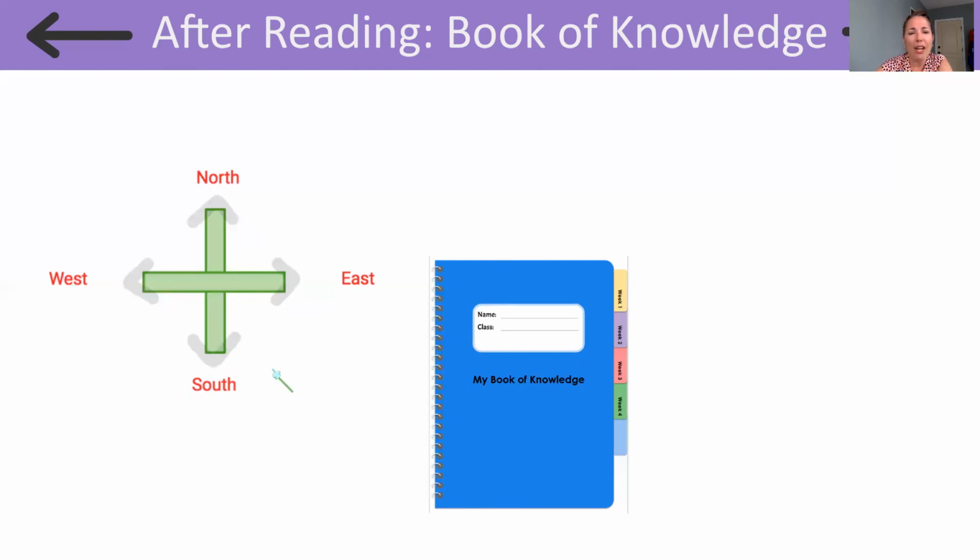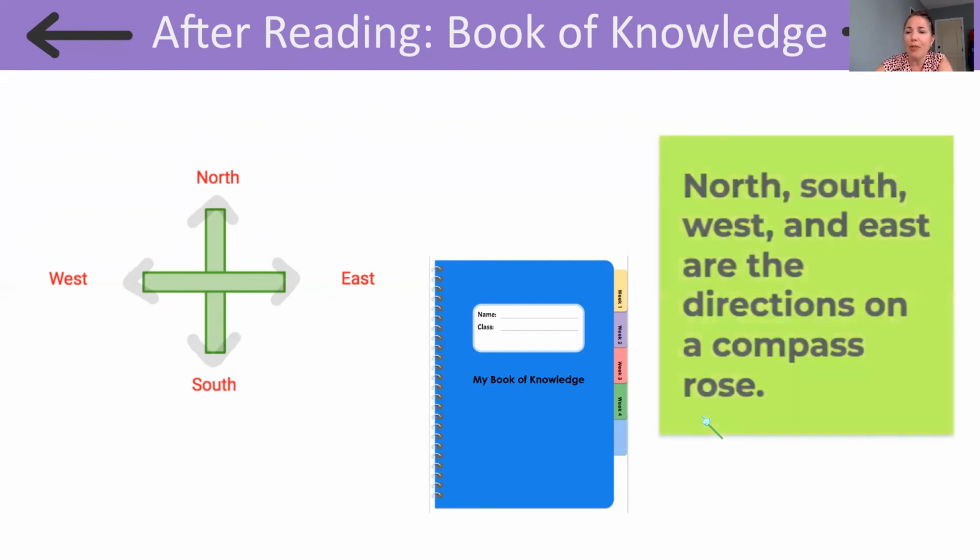So I drew this compass rose to help me remember those directions. And then I wrote down in my book of knowledge that north, south, west, and east are the directions on a compass rose.